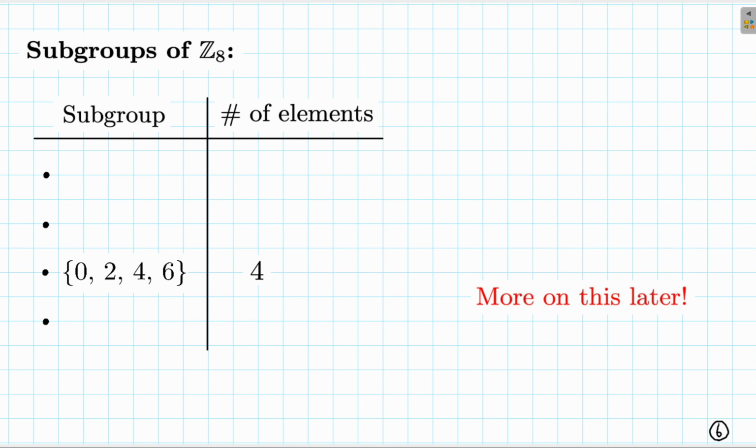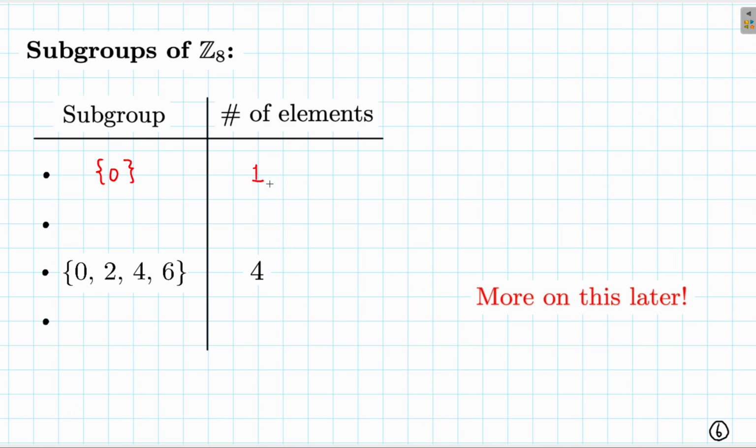To wrap up this lesson, let's talk about the first question in the classwork. What are all the subgroups of Z8? Well, we already know we started this lesson with 0, 2, 4, 6. That's one of the subgroups of Z8. That has 4 elements. We also saw that the set with just the additive identity element, that's a subgroup of Z8.